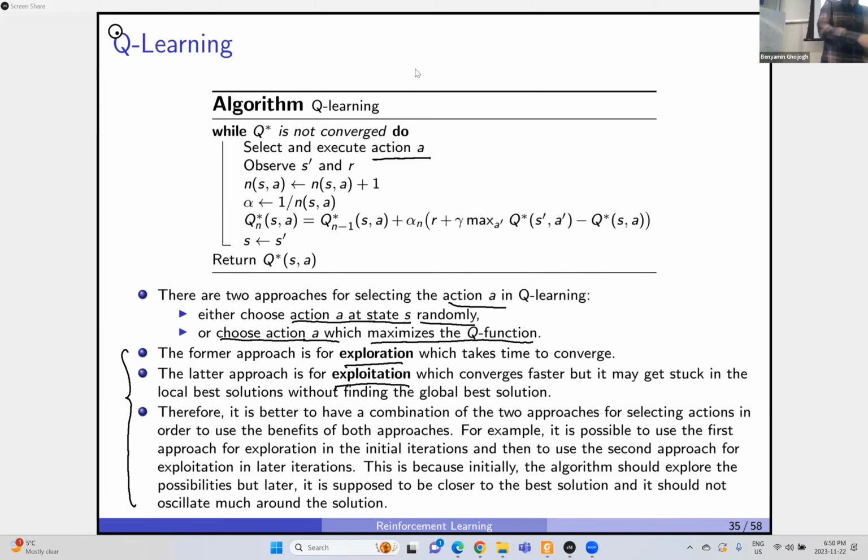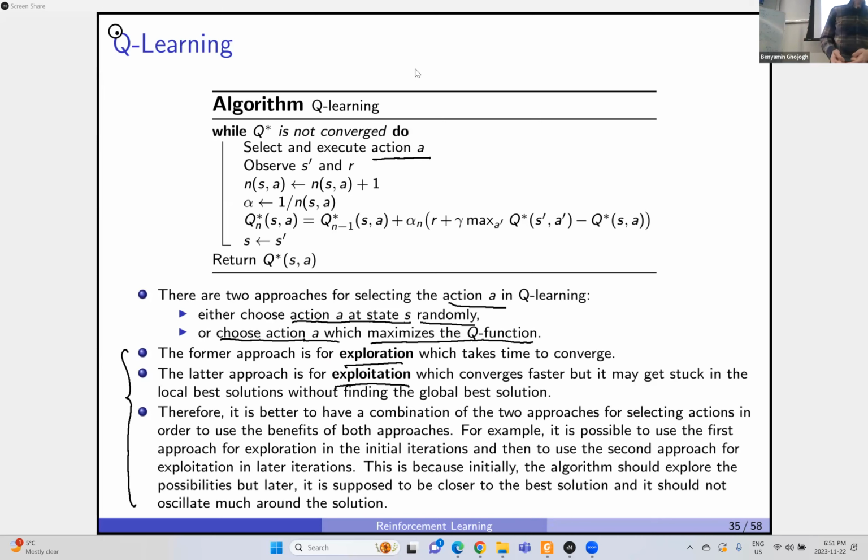But when we do that, we don't explore the different actions. We only do specific actions. In other words, we might get stuck in the local best. Maybe in initial iterations some Q(S, A) is larger and we will only get stuck in that. We'll not explore other actions for that state, right? But it will converge faster.